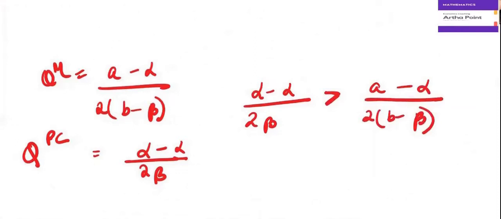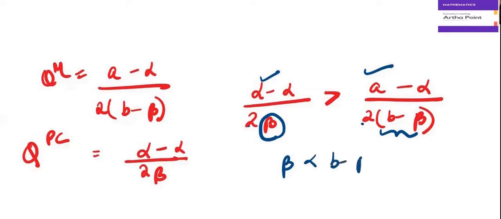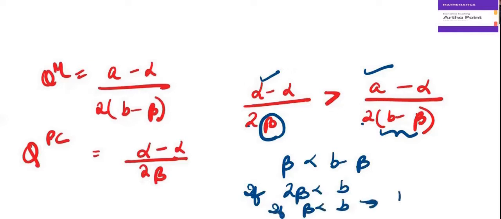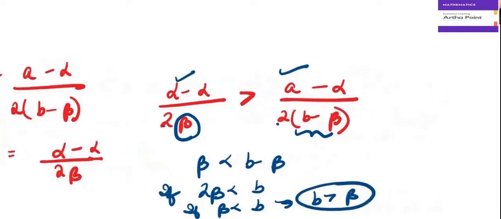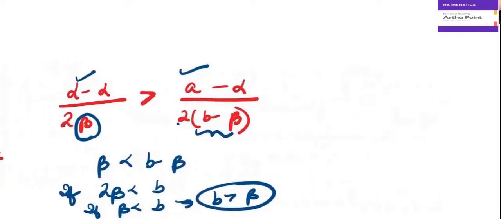Just notice here, the numerators are the same, the 2 is the same. This is beta, and this is B minus beta. So B is less than B minus beta if 2 beta is less than B, that is, if B is greater than 2 beta. And B has to be greater than beta for quantity to be a positive number.